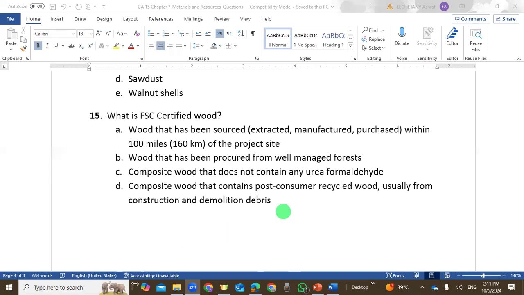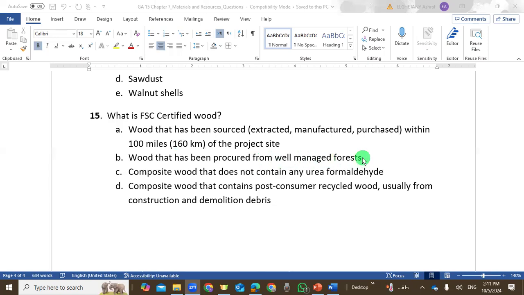Or let's say Mr. Muhammad Javid. Your answer. What is FSC certified wood? Wood that has been sourced, extracted, manufactured within 100 miles? This actually is not right. This is regional material. We call it regional material. Wood that has been produced from well-managed forest.